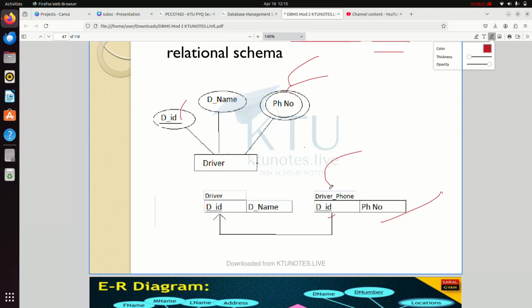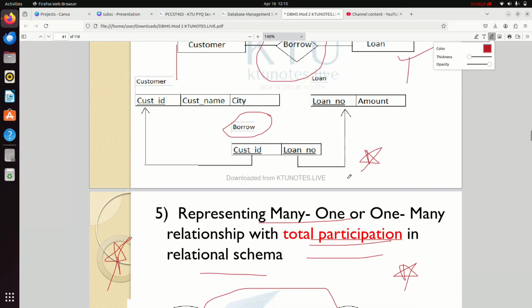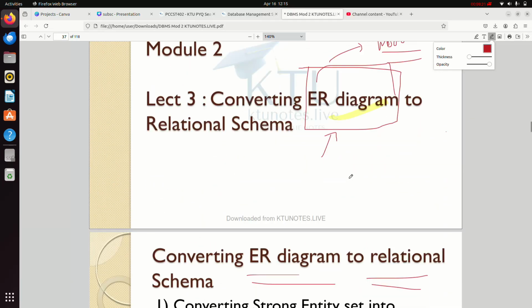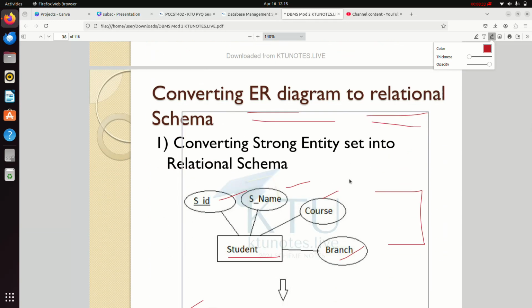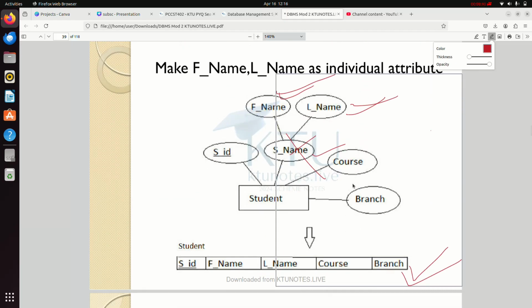So let's brush up on all the concepts here. First of all, we have discussed the strong entity. If I want to convert a strong entity, in the normal case all the attributes will be written. Then composite attributes: I told you the component attributes will be written here, no name for the composite itself will be written.